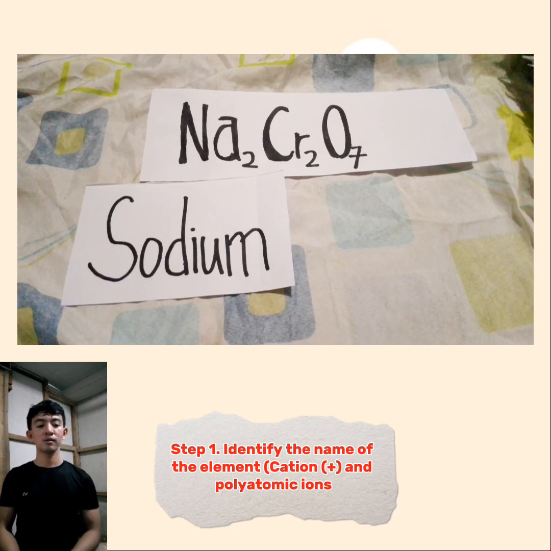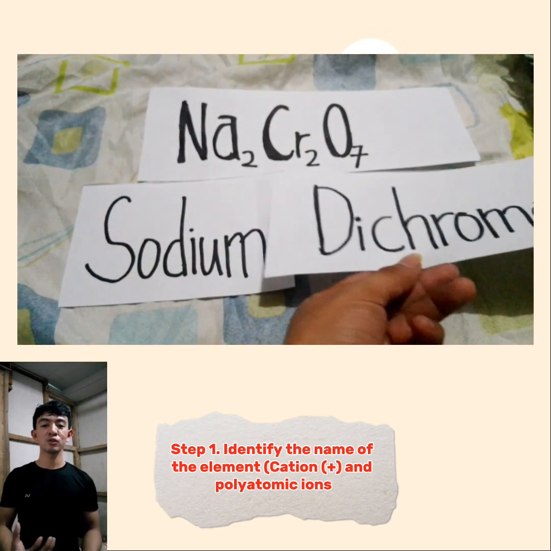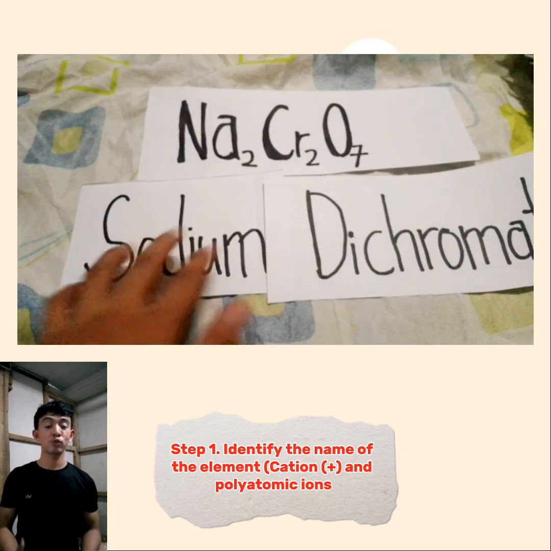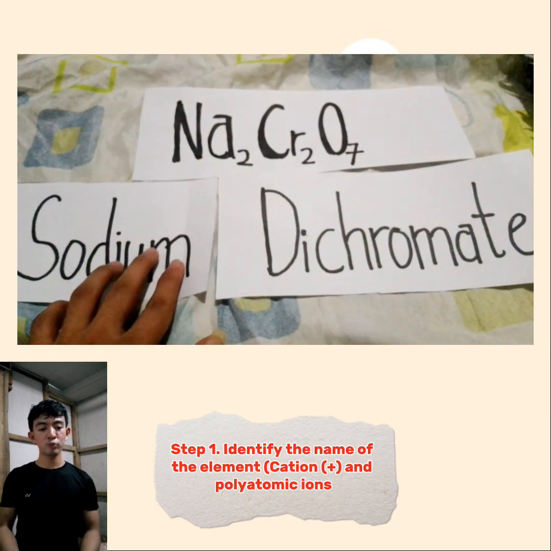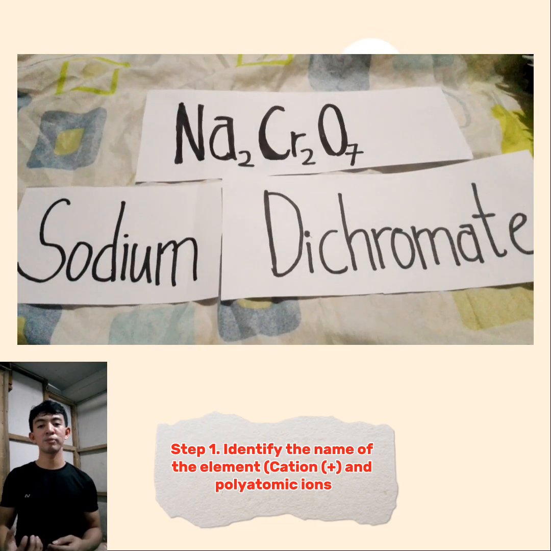And of course, the name of this polyatomic ion is dichromate. Now that we have identified their names, all you need to do is copy their names and write them down. So the name of this compound will be sodium plus dichromate. It will be sodium dichromate.